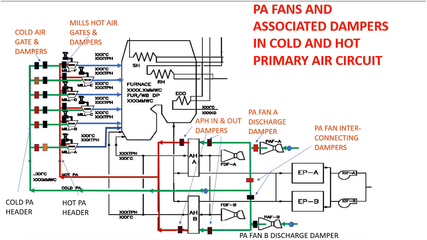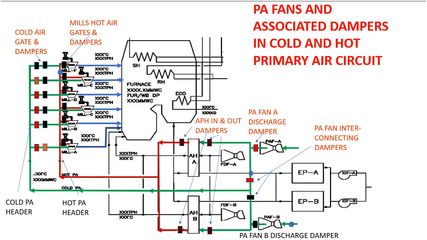The damper will open, the interconnecting damper will also open, and the flow will be started through the cold air gate and then the cold air damper. When you open the vanes of PA fan A, you will be able to see the discharge pressure also. Similarly you can start the other PA fan.